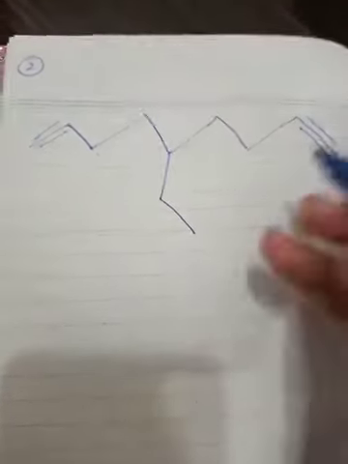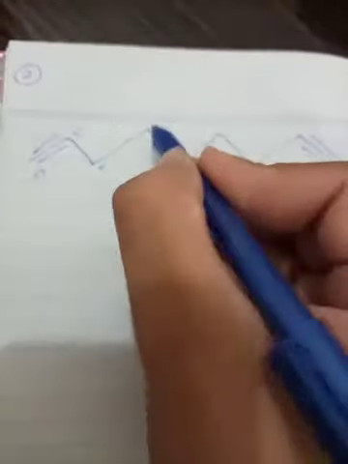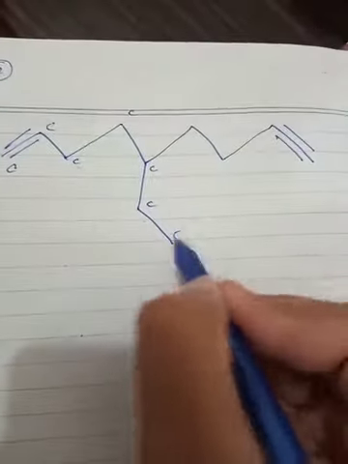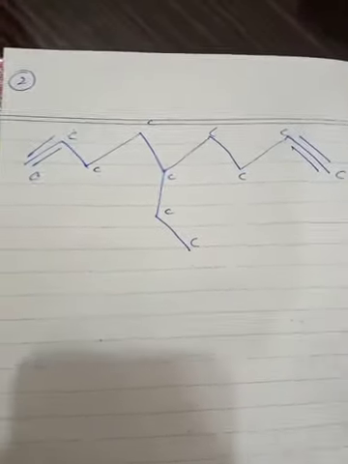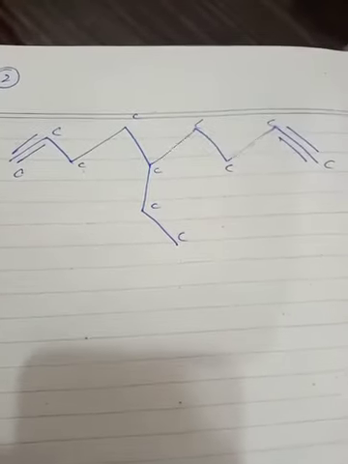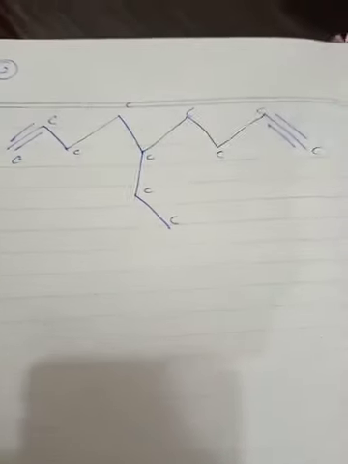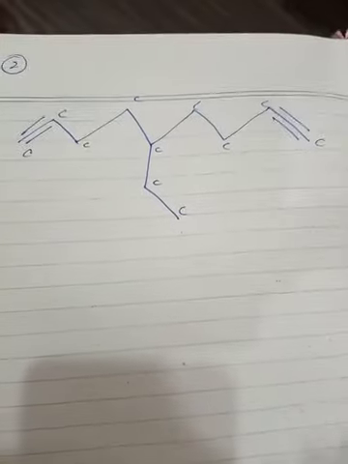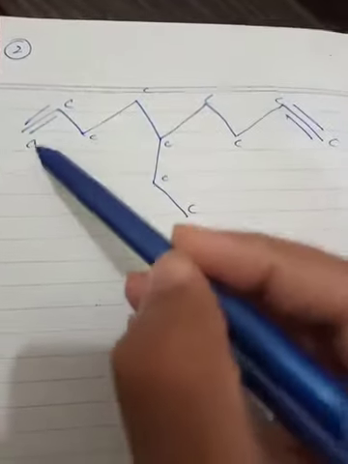Now it is involving a triple bond, two triple bonds. So let's begin quickly. First, put carbon on each point. You can't call it a point, you just have to understand that each point represents a carbon. So select the longest carbon chain.